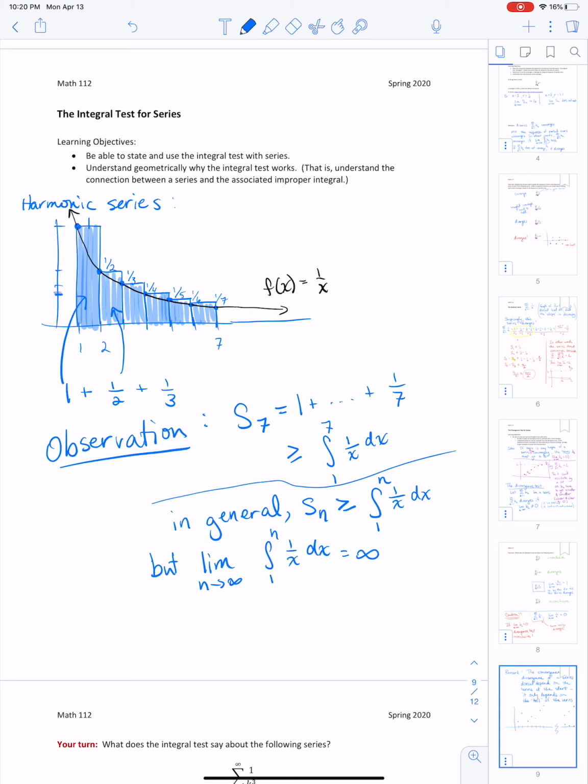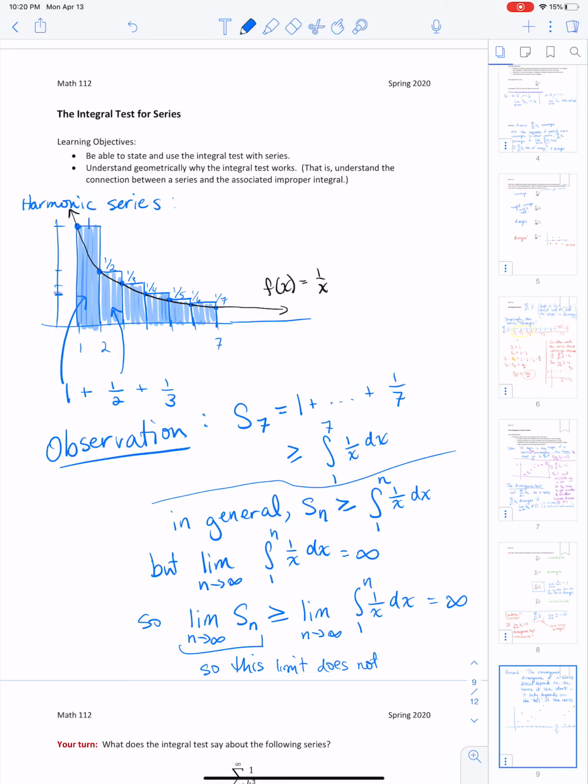And since Sn is always bigger than this corresponding integral, the limit as n goes to infinity of Sn has to be greater than or equal to the limit of the corresponding integral. So we could say either that this limit is infinite or it doesn't exist.